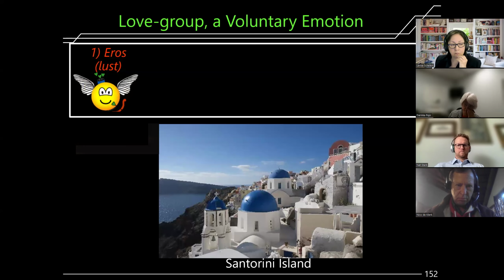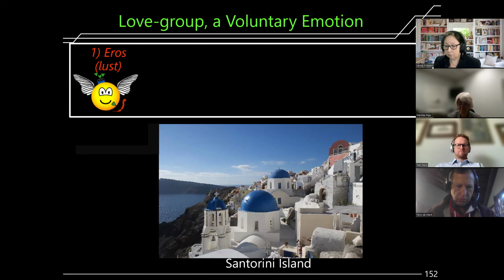So I think there are several kinds of love. Eros, by the way, I'm going to use the Greek terms for this because physics uses a lot of Greek terms. I'm familiar with them. And this actually is a picture from a Greek island I took, I think 2018 on Santorini Island.